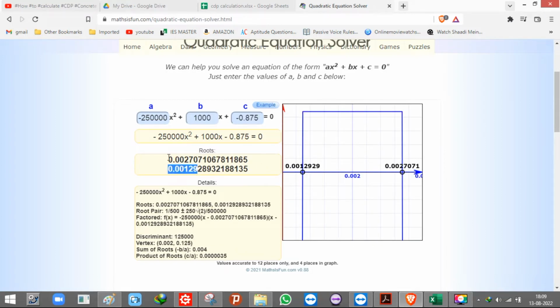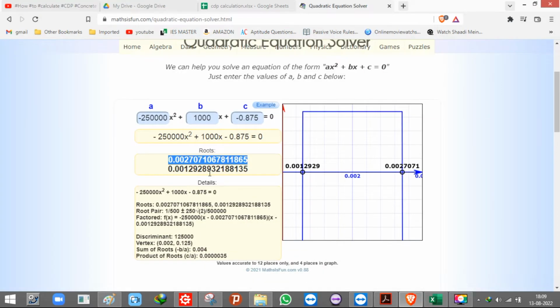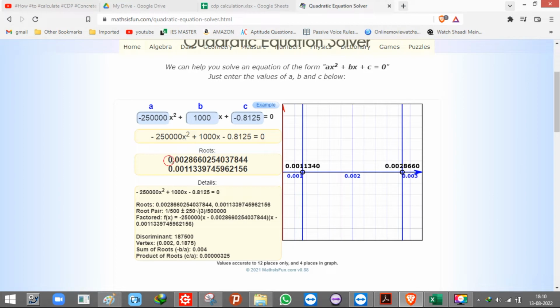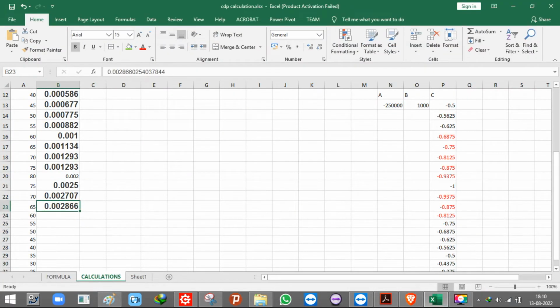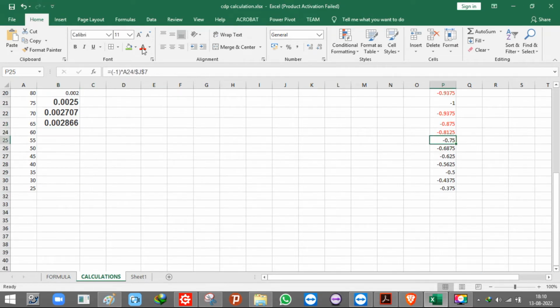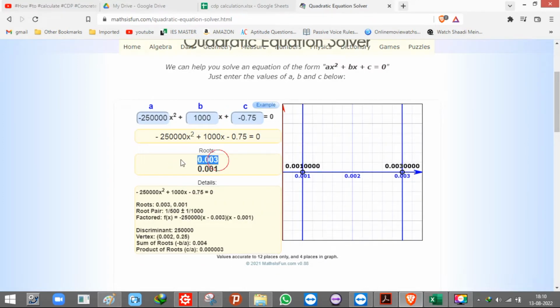I'll not take this value because I now need strains greater than 0.002. I'll mark this red. The more data you take, the more difficult, not difficult, it's a labor job. You'll have to do it multiple times and enter it.